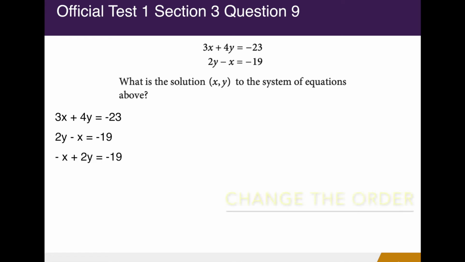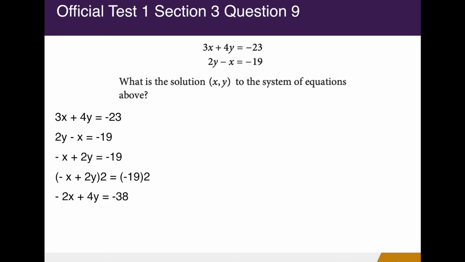First we change the order to minus x plus 2y equals negative 19, and then we make it 4y instead of keeping the 2y, so we multiply by 2 on both sides. Minus x plus 2y times 2 equals negative 19 times 2. That is negative 2x plus 4y equals negative 38.